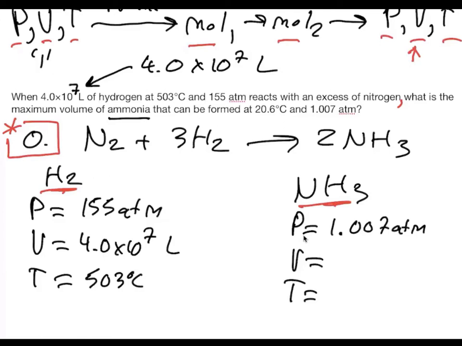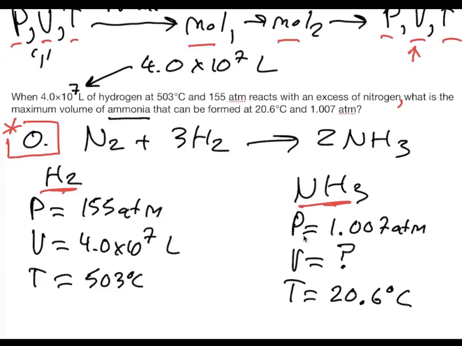So once we form the ammonia, the pressure gets cranked down in this ammonia making machine, whatever it is, right? And my temperature also goes down quite a bit. Actually, that's a little on the cool side, 20.6 degrees Celsius from where we were, which was really hot. And they want to know, what is the maximum volume? So volume is my goal, yeah?